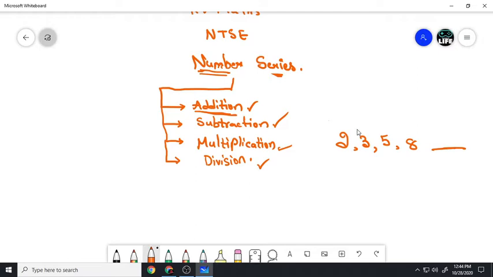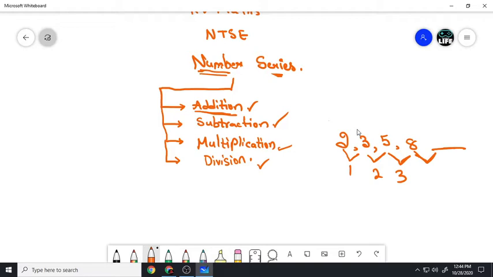What is the difference between these two numbers? 3. So this is an addition series. So what will be the next one? It is simply, the difference is 4, and it is 12. Simple.